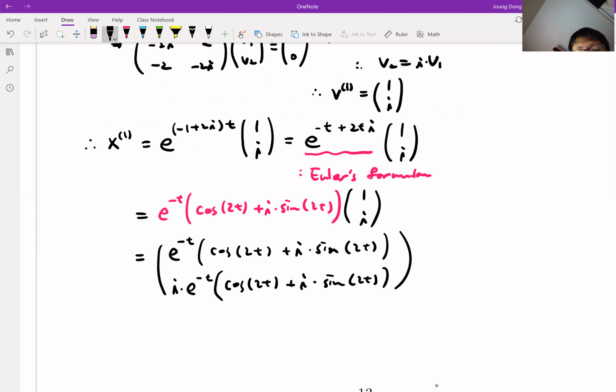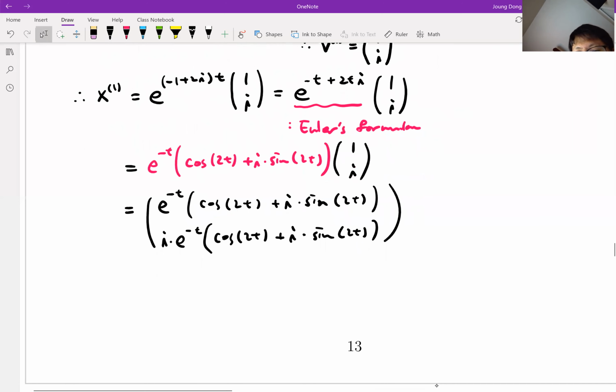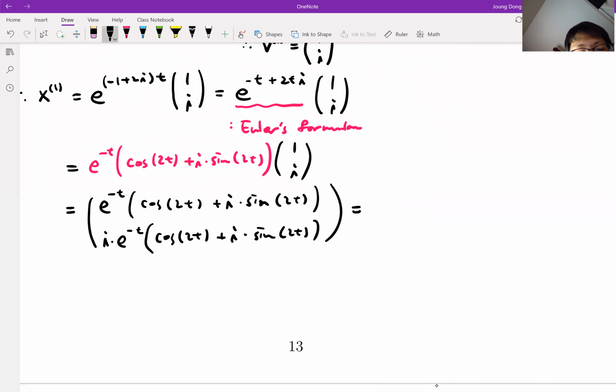Now let me try to separate the real part and imaginary part. This can be written as e to the minus t cosine 2t, which is the real part, plus i times e to the minus t sine 2t.